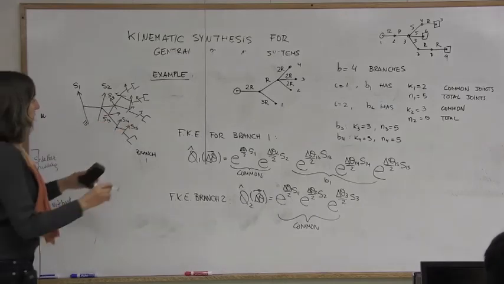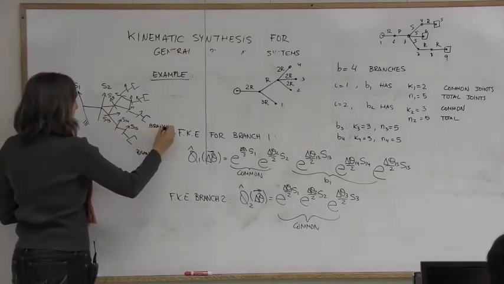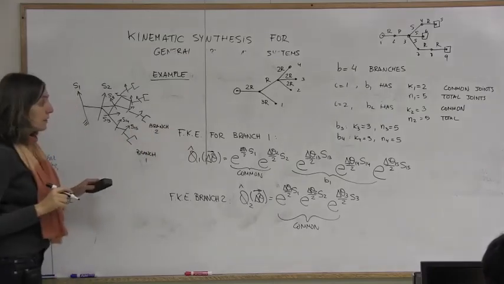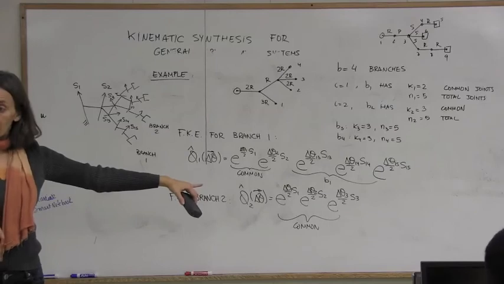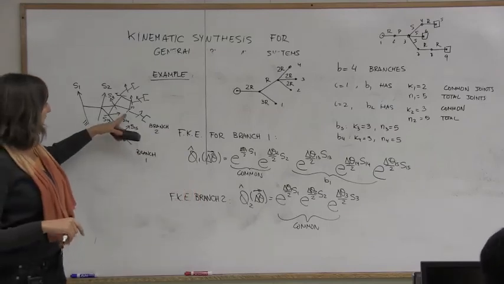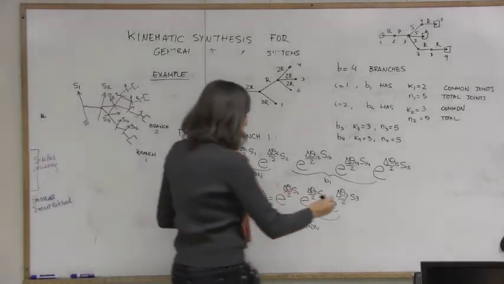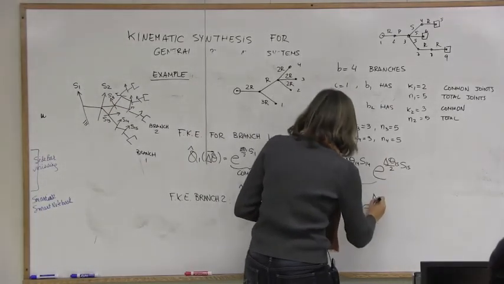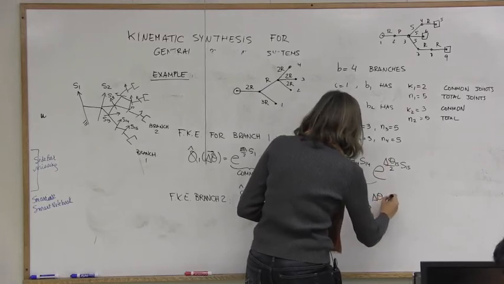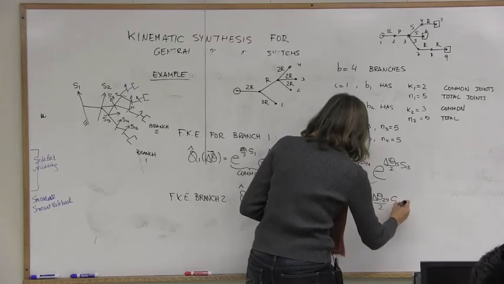And now we will continue. This one over here is branch 2. Now we will name them as branch and then continuing from the last common one. So this one will be S23. S corresponding to branch 2, 24. Delta theta branch 2 joint 4, because we had an S3.